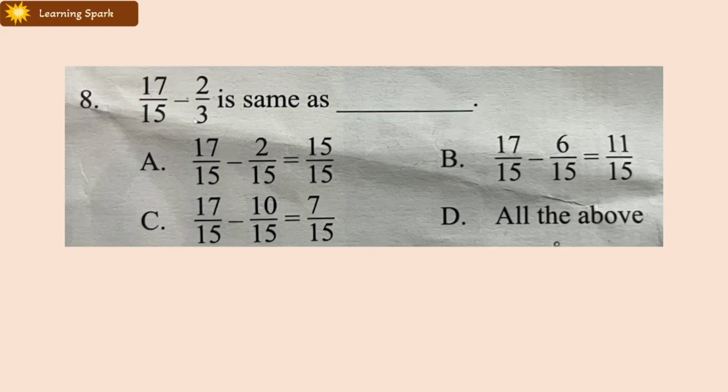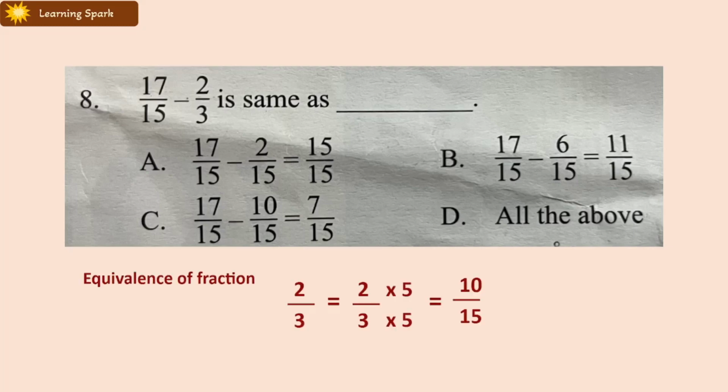Before you subtract fractions, you have to make the denominators the same. So this 3 you have to convert to 15. You need the equivalence of fractions for that. Equivalence of fractions says that 2 by 3 equals, if you want to make this denominator 15, you have to multiply by 5, right?